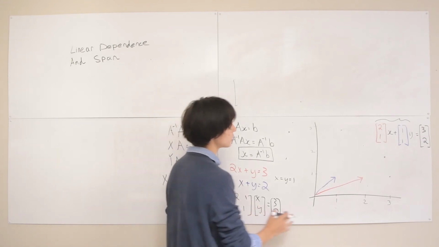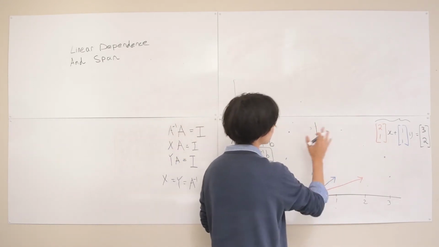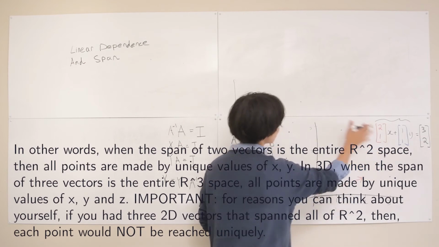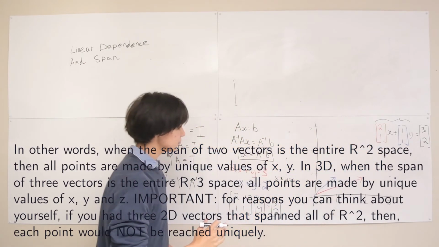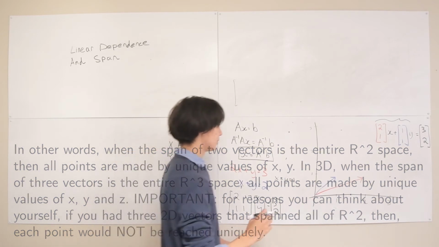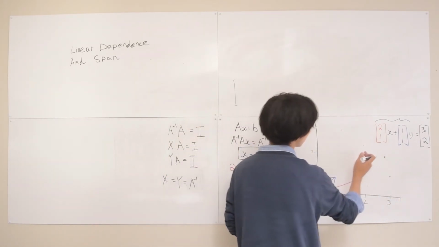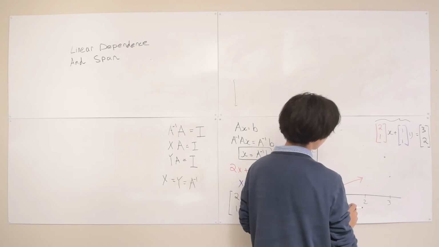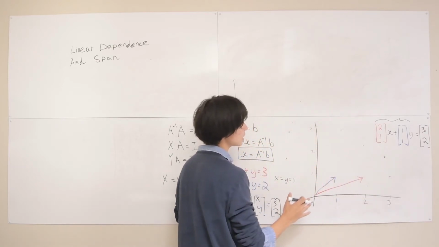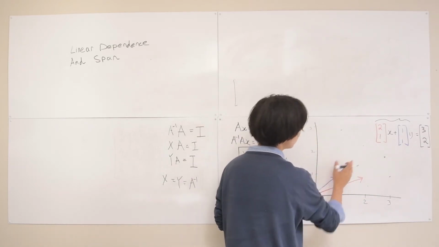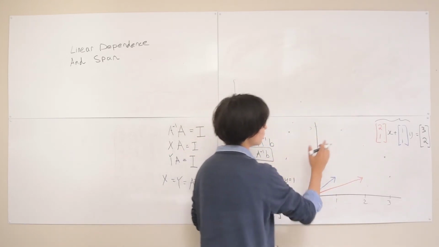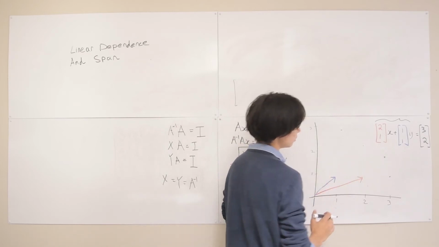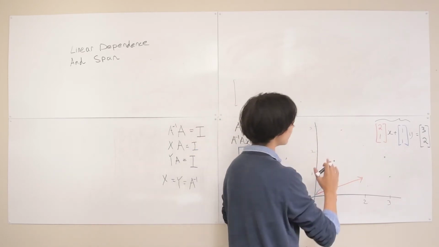You're always going to have the thing where, when you can access the whole plane, you're going to be able to get to each point kind of uniquely. All right. So we know that we can set x equals 1 and y equals 1 and get to this point here. And the thing that we can glean from that is that since we can get to any point on the entire surface, and each point is unique, the answer is unique, and therefore there's only one setting of x and y.